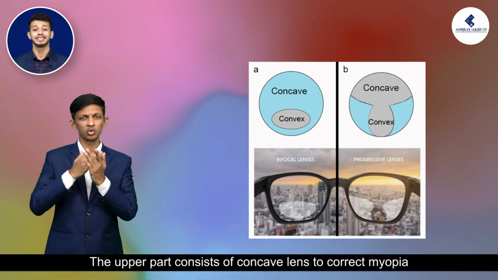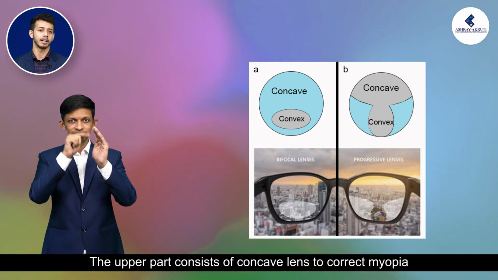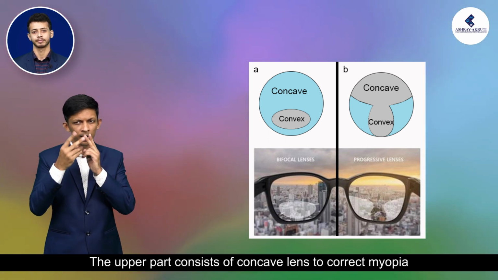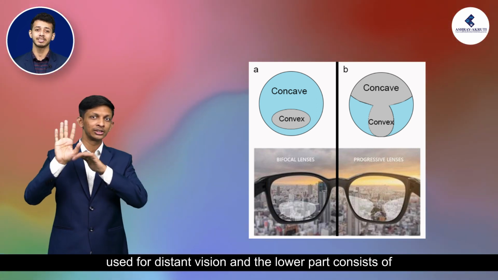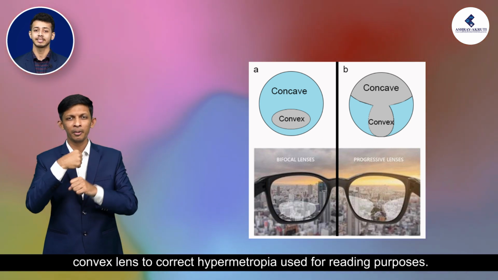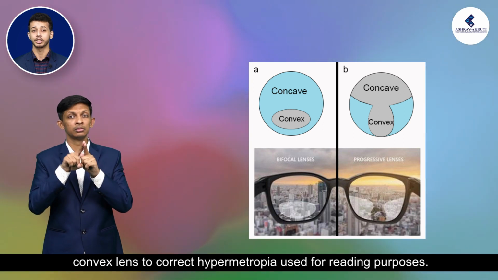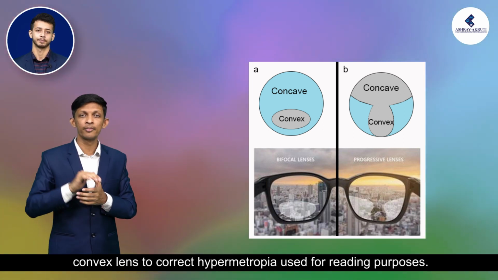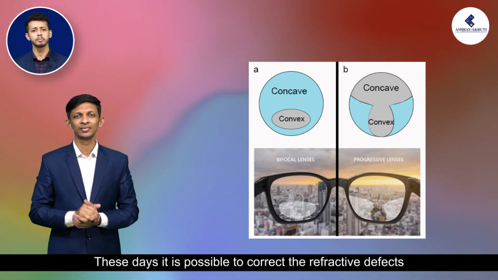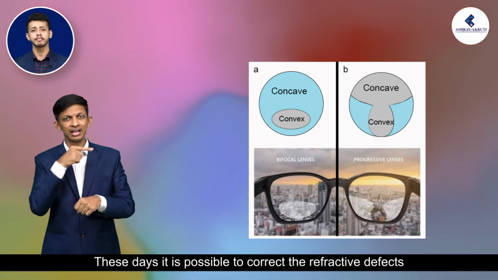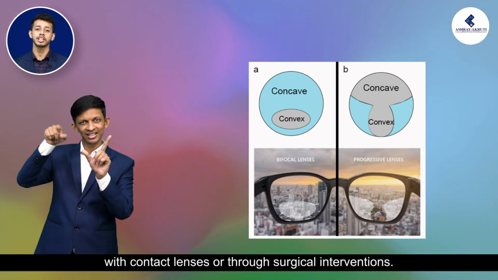The upper part consists of a concave lens to correct myopia, used for distant vision, and the lower part consists of a convex lens to correct hypermetropia, used for reading purposes. These days, it is possible to correct the refractive defects with contact lenses or through surgical interventions.